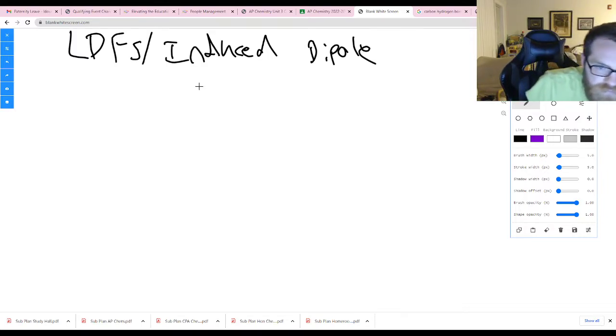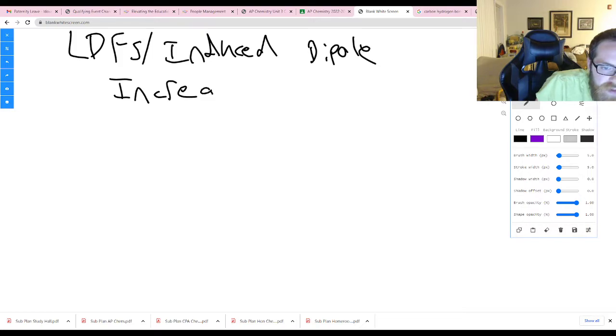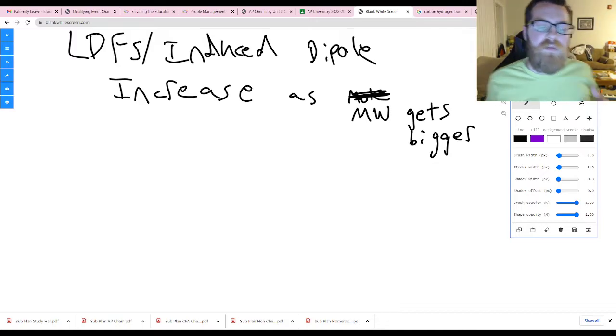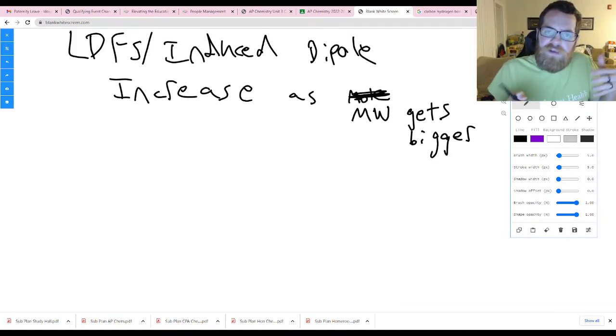So London dispersion forces increase between molecules as, I can just say like, molecular size. Generally, you can say molecular weight gets bigger. But in terms of surface area, because it's not just a matter of these charges forming, they need to actually interact with each other.